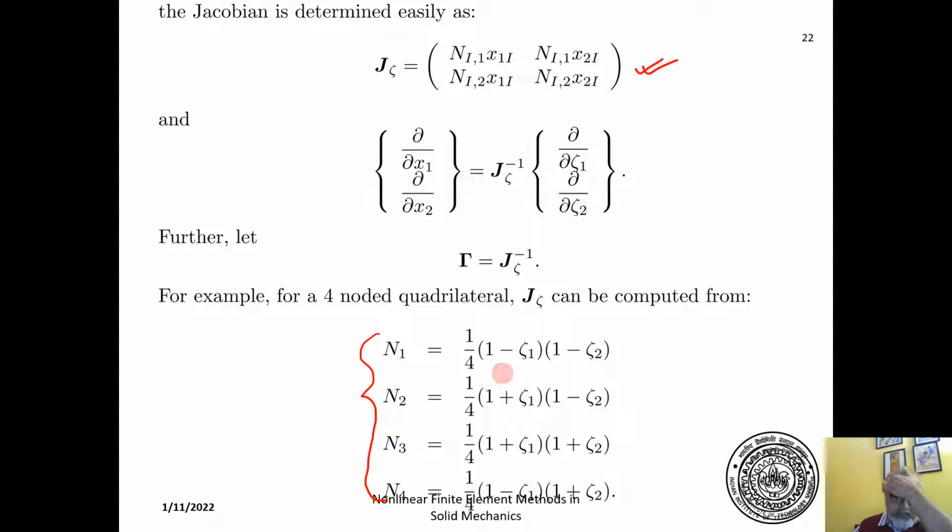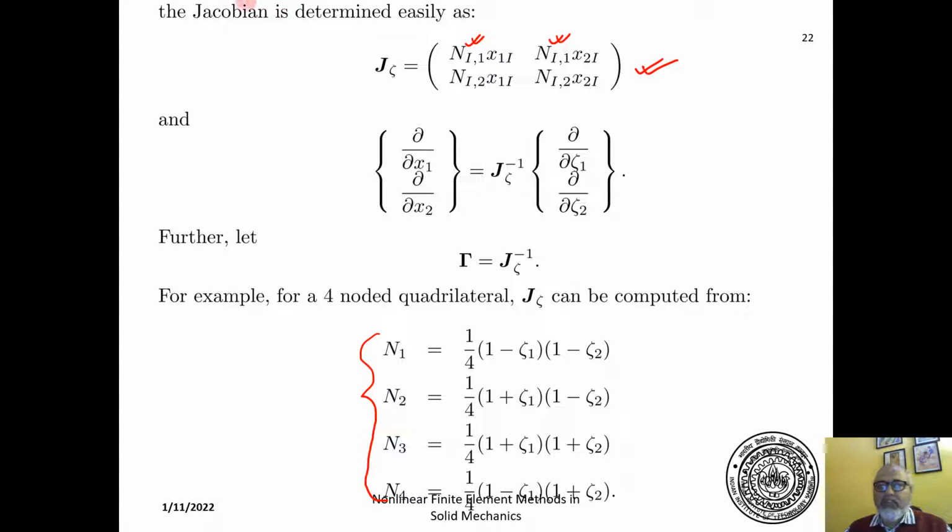And you know the shape functions satisfy the Kronecker delta property. So if you know these shape functions, you can calculate each of these derivatives. Remember, these derivatives are with respect to zeta. So you can calculate these derivatives, and of course you know the nodal coordinates.